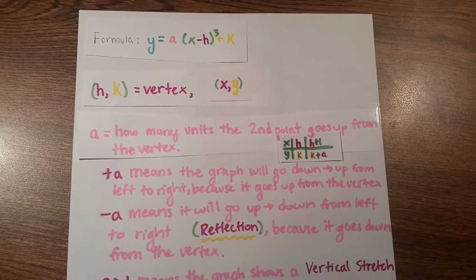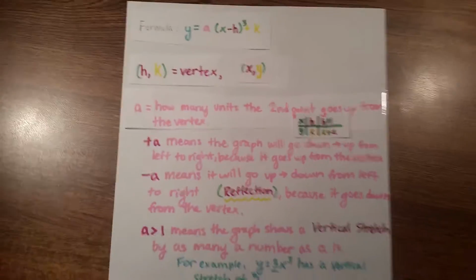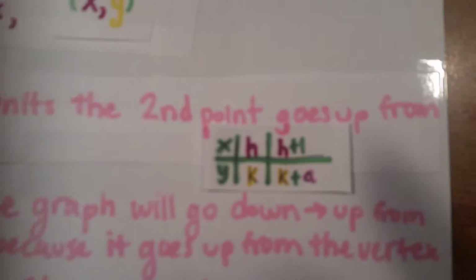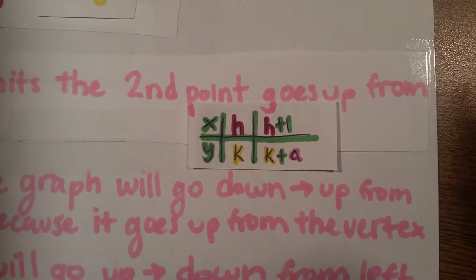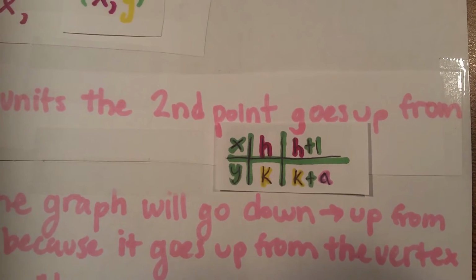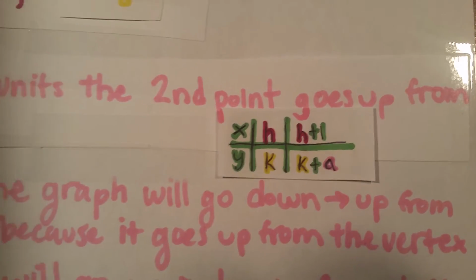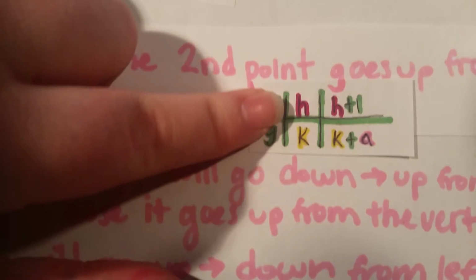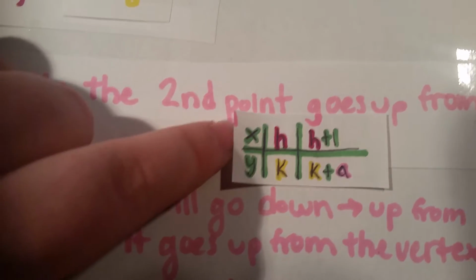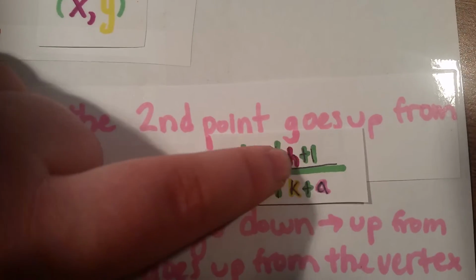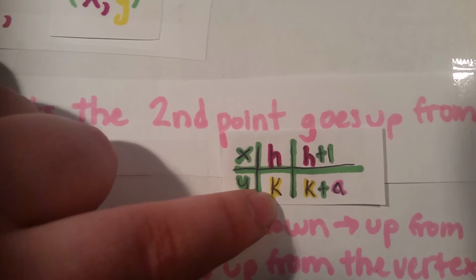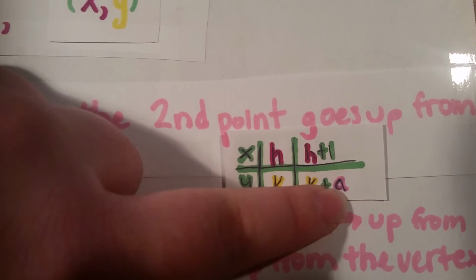You may or may not have noticed that on this chart there is this part. This part is kind of a cheat for graphing the points of your function. The first thing to graph is h and k, and from there automatically x goes up 1, so it's h plus 1, and from the vertex with y you add a.